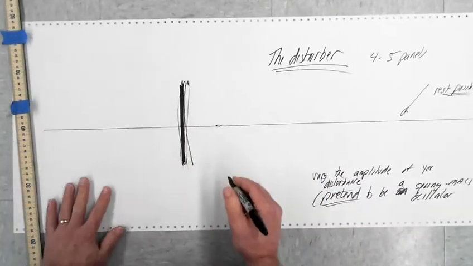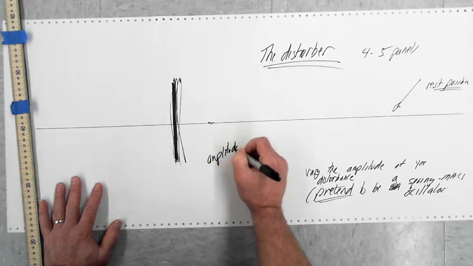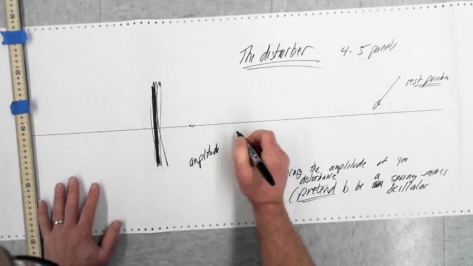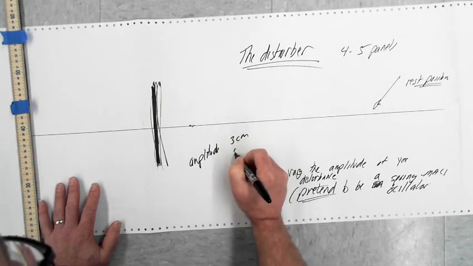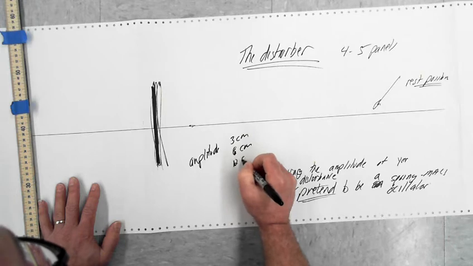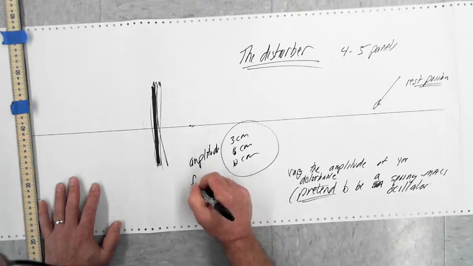So what I want you to do is vary the amplitude. You're going to do anything, but at least 3. Something like 3 centimeters, 6 centimeters, 12 centimeters, something like that, okay? And do that for a given frequency.